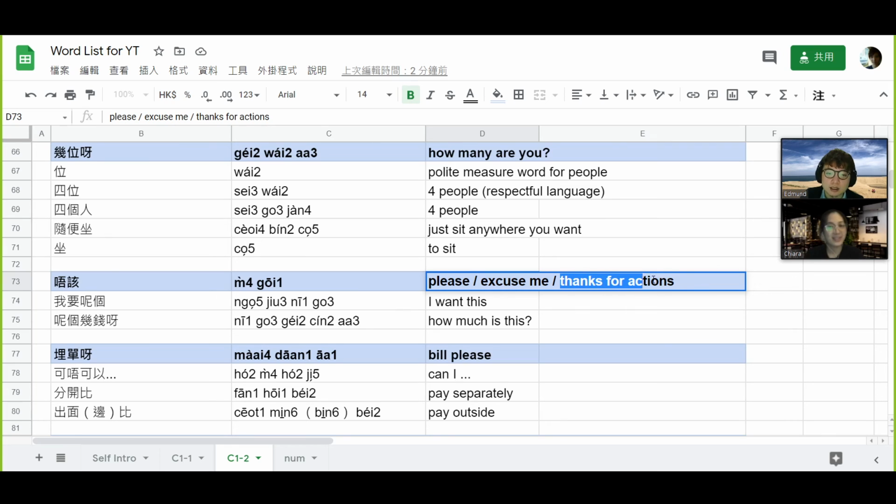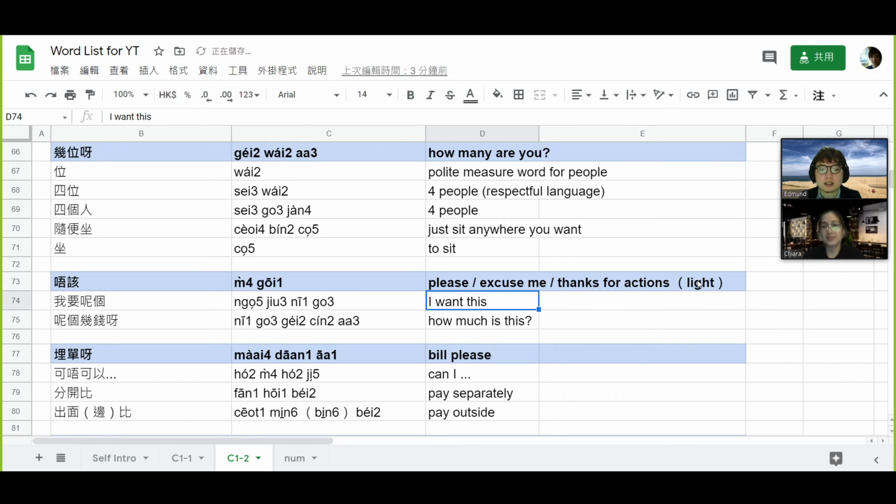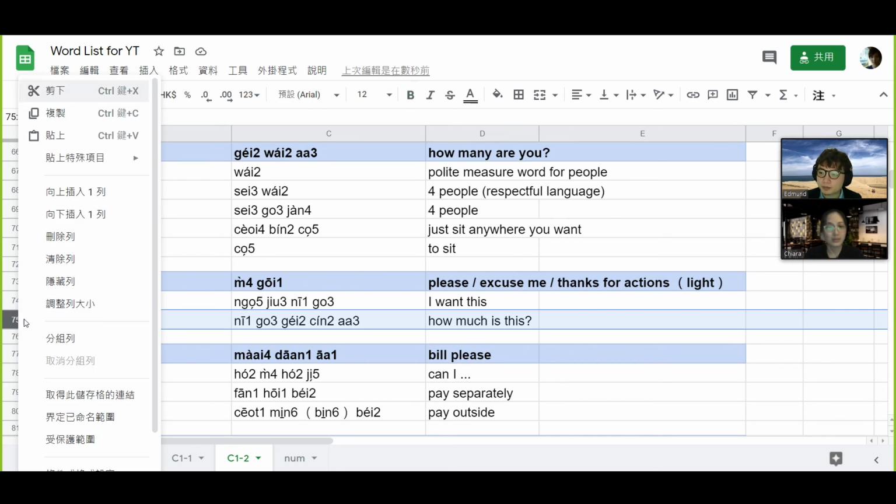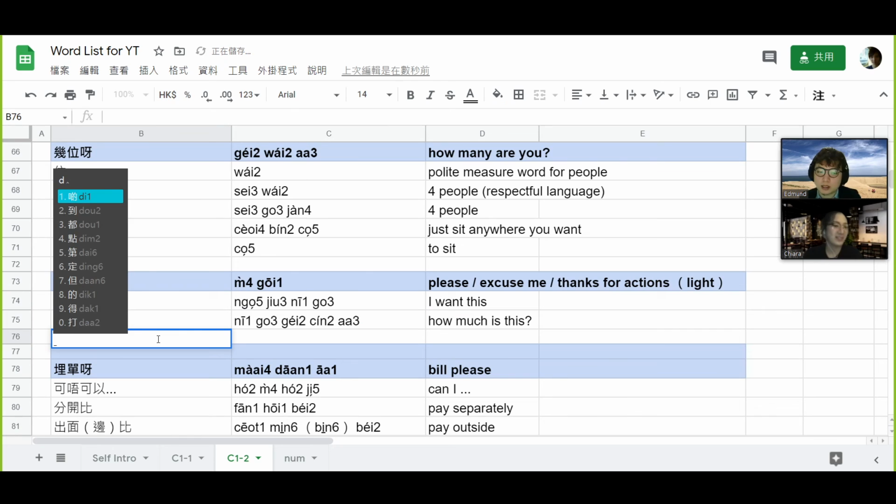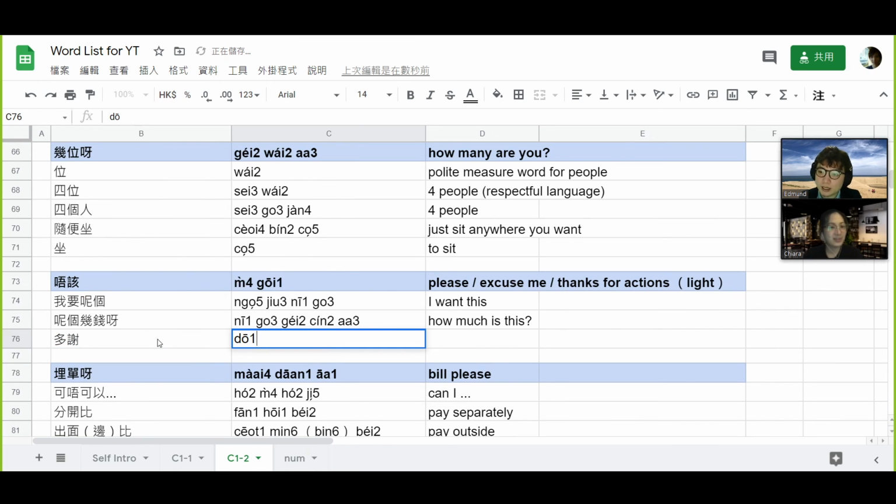And it is also thanks for actions, but for light actions, not really serious things. Like for example, someone opens the door for you, you will say 唔該. In Cantonese, the thanks for other things is 多謝. 多謝 is for other things. 唔該 is for light action.